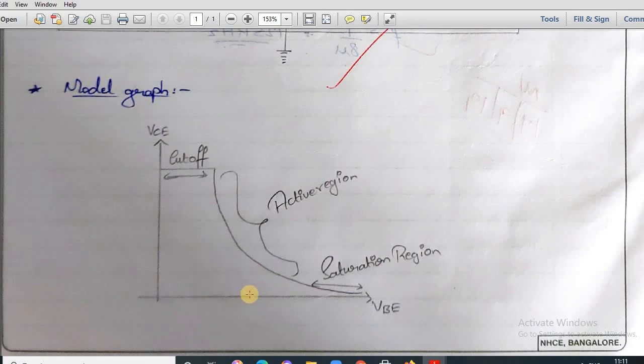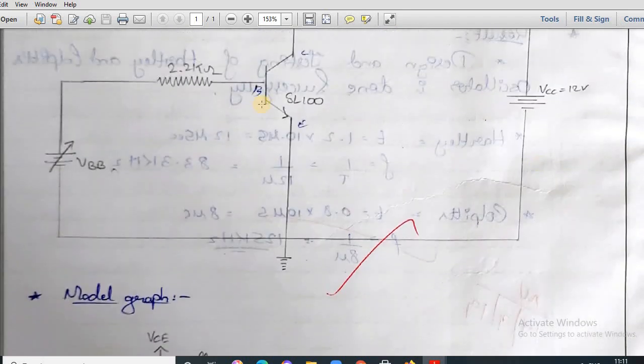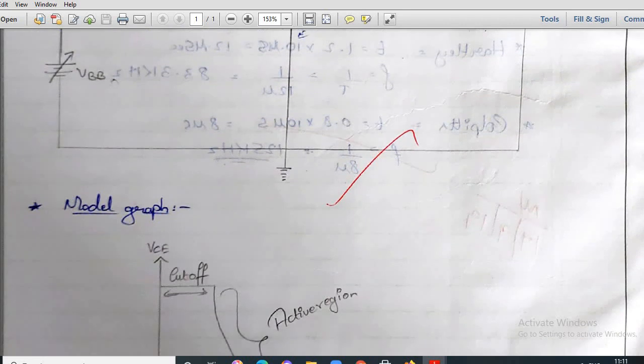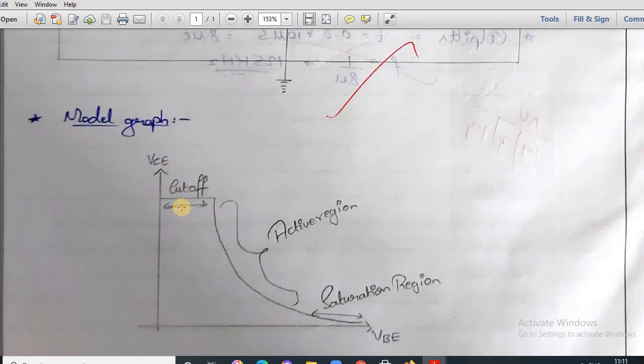As VB increases towards a positive value, the base emitter junction is forward biased, it gets turned on, as a result of which the transistor conducts current, and we can take the amount of collector emitter voltage, that is VCE. You can see it was first maximum because the transistor was cut off.